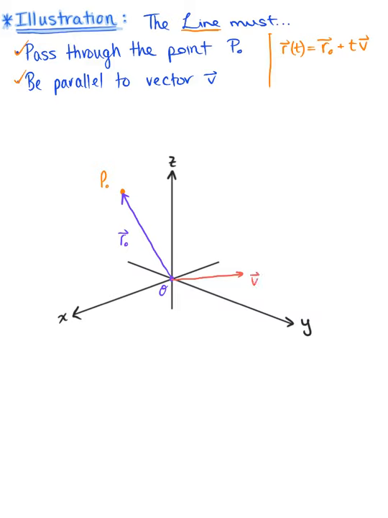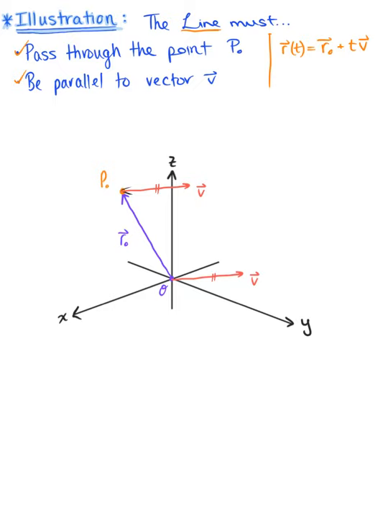Now, how are we going to achieve a line passing through this point P naught and parallel to vector v? Well, remember that the position of a vector is irrelevant. So we can take this vector v and put it right up at point P. These two vectors are parallel to each other.